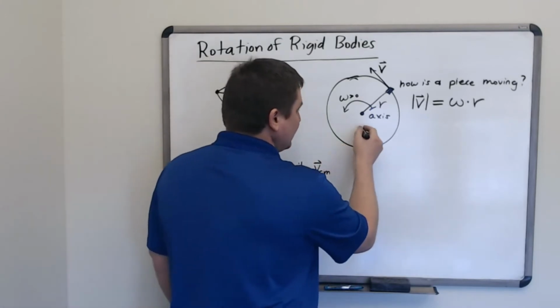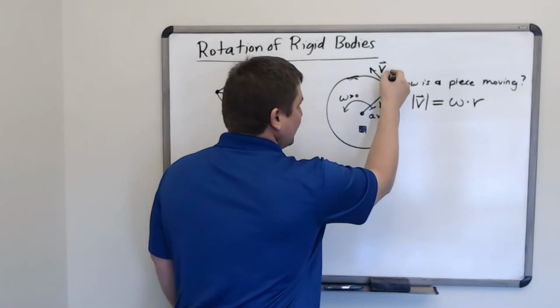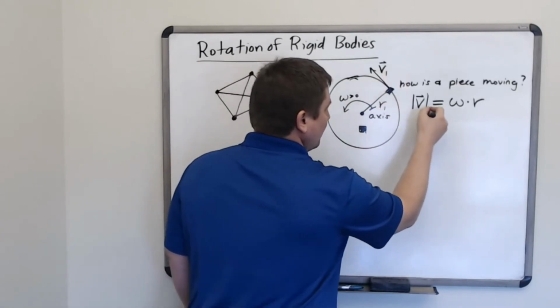If we looked at, say, a different piece of the object down here, we'll call this first one V1 and R1.